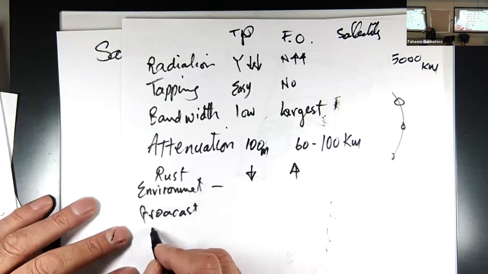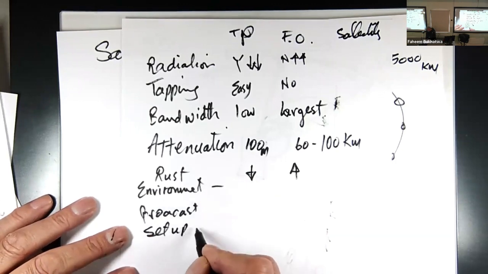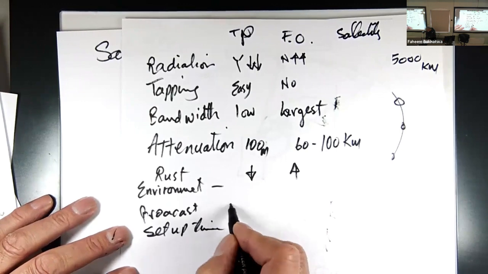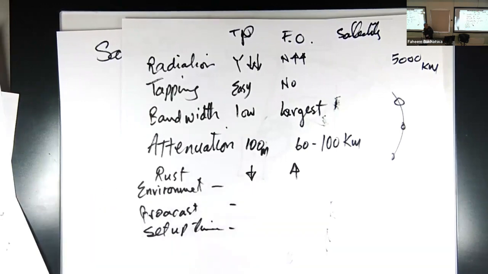And also setup time. The point is, satellites, there are plenty of them, they're there and they're available. So if for example you decide, okay, next week we need to go to Morocco and start some activity there and want it to be broadcast, well, you need to go down to Morocco and dig the cables and prepare the network there.